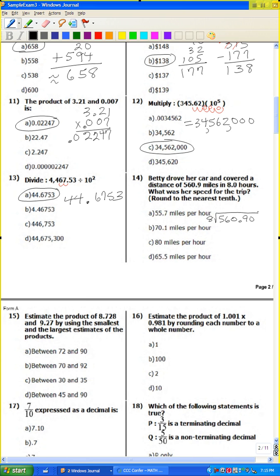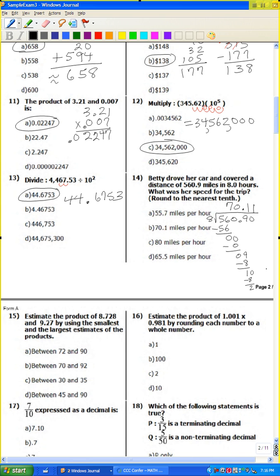So let's do 560.9. 5 is smaller than 8, so let's do 56 divided by 8, 7. So we get 0. Drop down this 0. And so 0 divided by 8 is 0. Drop down the 9. 9 divided by 8 is 1. Drop down the 0. 10 divided by 8 is 1.